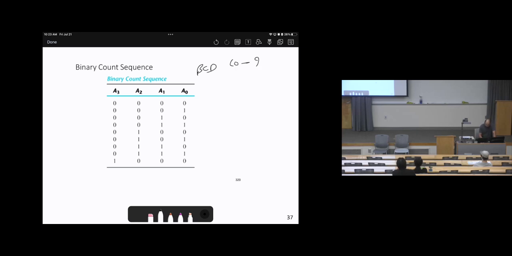So 0000 is equivalent to 0 in decimal, this is equivalent to 1, 2, 3, 4, 5, 6, 7, 8, then we can add 1001, which is 9. So actually, we can make a BCD counter, which counts from 0 to 9, easy, by making this design, which is a ripple design or asynchronous counter.